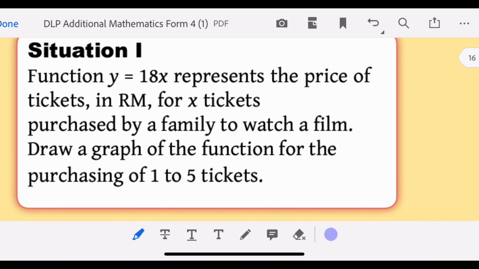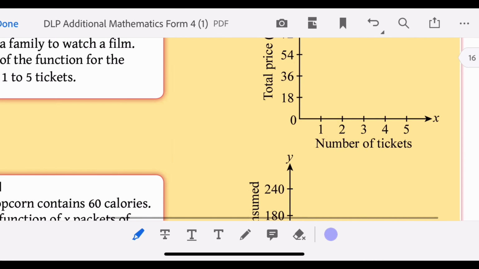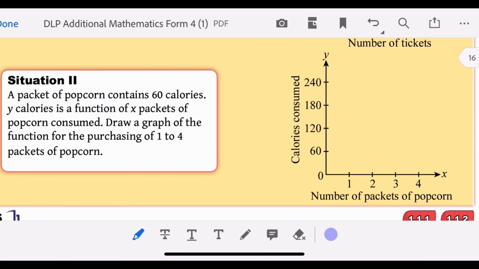Let's say for situation 1, the function y equals 18x represents the price of the tickets. You can pause the video and have a look. Situation 2, a packet of popcorn contains 60 calories. y calories is the function of x packets of popcorn consumed.